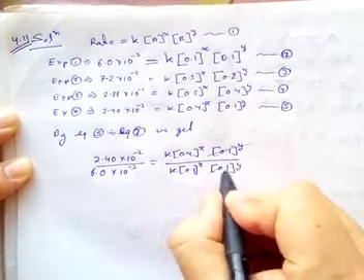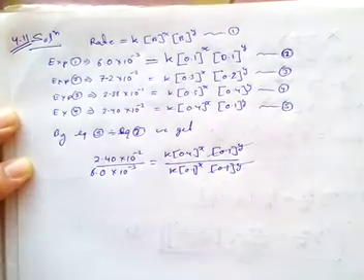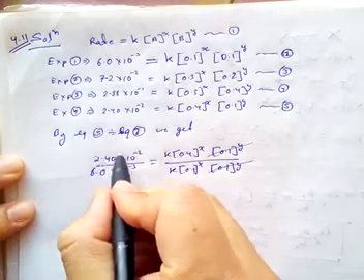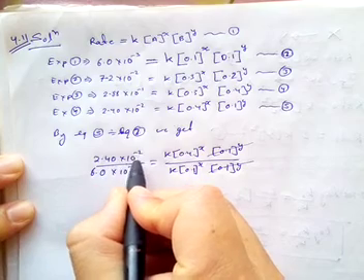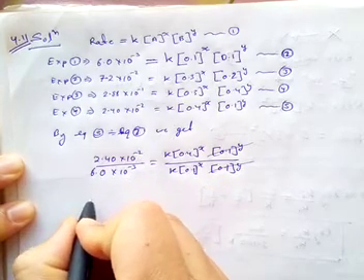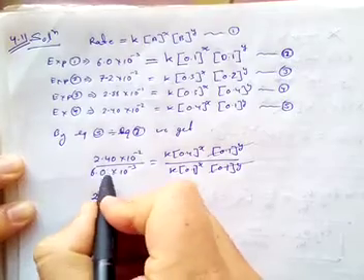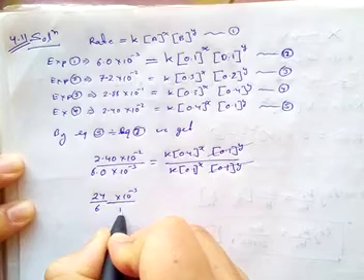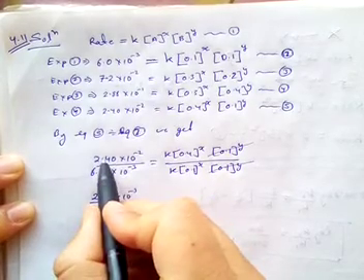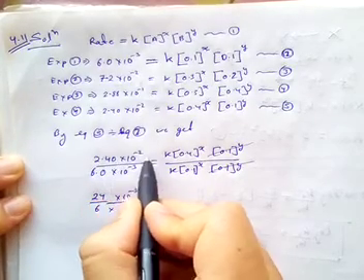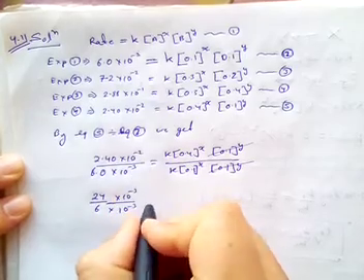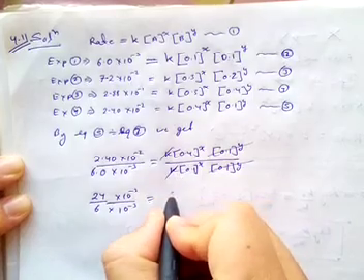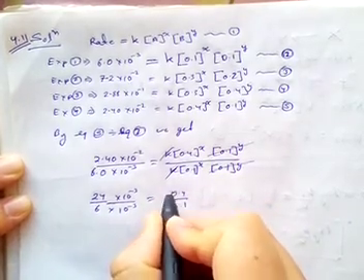Now these are the same values, so we can cancel them. Then the left side is 24 divided by 6, into 10 to the power minus 3 by 10 to the power minus 3, which cancels. So we can write 0.4 by 0.1 whole to the power x.